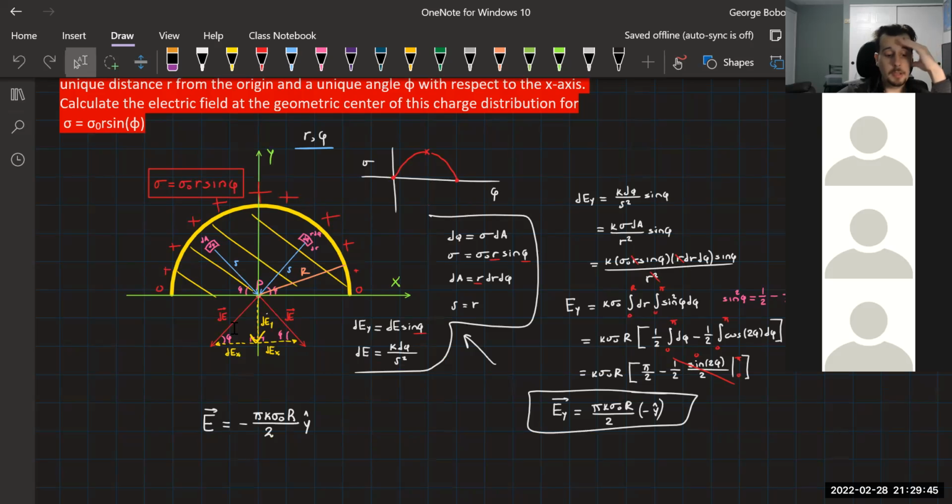Step number two, you always want to remember the definition of the electric field element, and then you go and fill it in. What do you mean by electric field element? This, I'm highlighting it, the k dq over length squared. Yeah, because if you break down your charge density into little points, these points are like point charges.